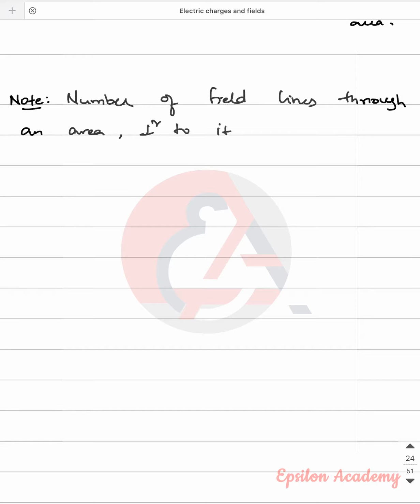If you are able to calculate the number of field lines through an area perpendicular to it, then the physical quantity is termed as electric flux. So remember this term electric flux. As of now, I've just given you the definition. We'll discuss about this in depth in the upcoming videos. So I'm repeating it. If you're able to calculate the number of field lines through an area perpendicular to it, then that quantity is termed as electric flux.